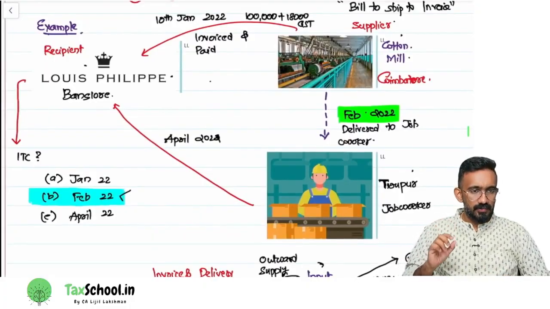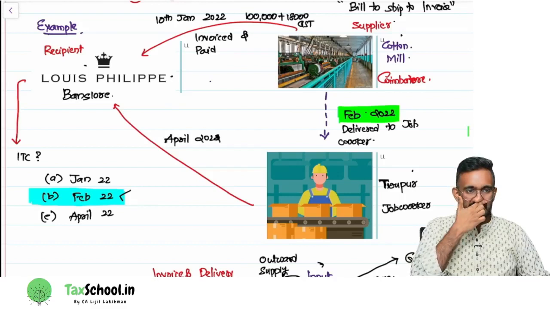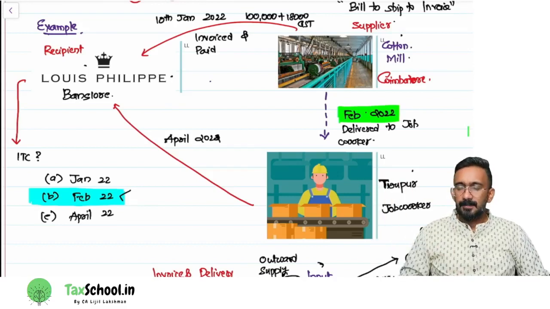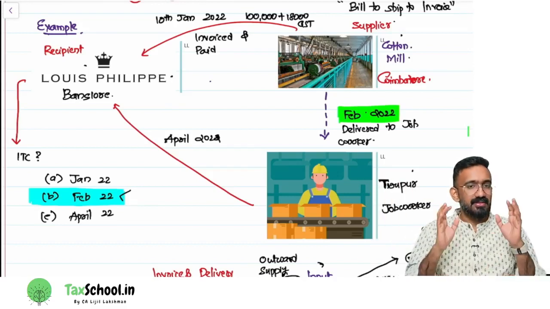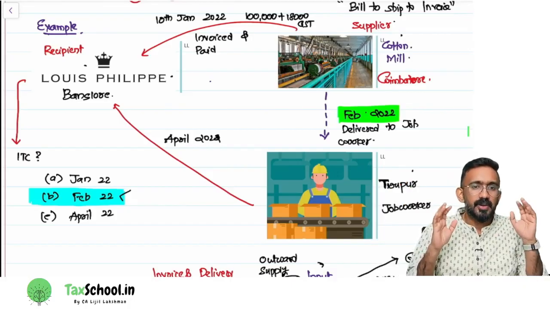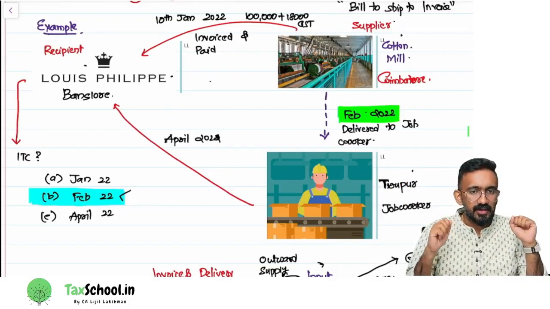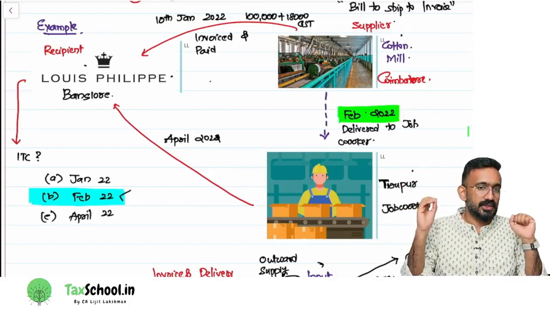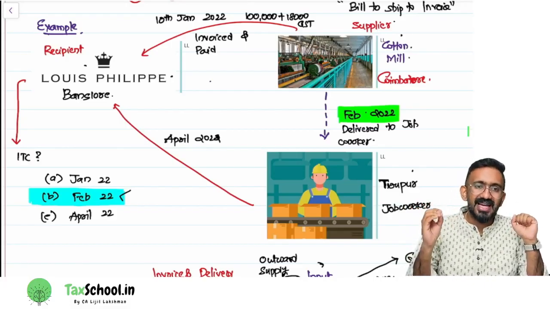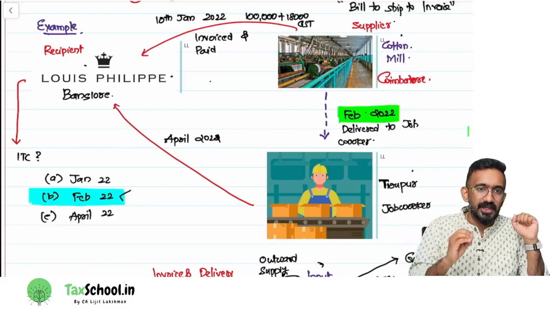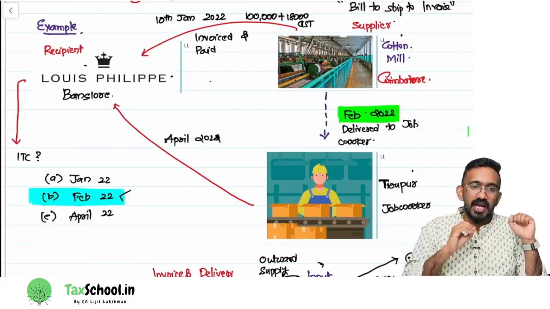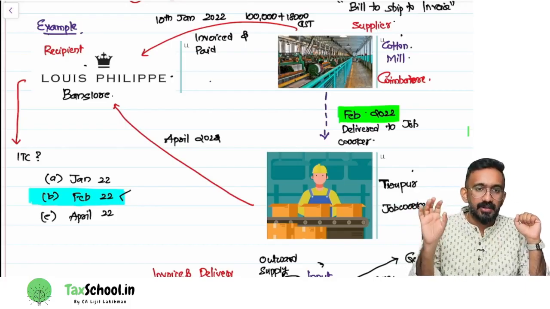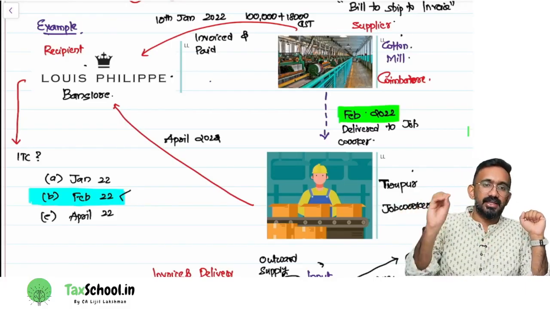It's a type of invoice that we call a bill to ship to invoice. So look at this example. Louis Philippe is a company in Bangalore. Louis Philippe is purchasing certain cotton raw material from a cotton mill located in Coimbatore. This cotton mill has given an invoice to Louis Philippe in January, and Louis Philippe paid money also, 1 lakh plus 18,000 rupees GST, 1 lakh 18,000 paid.